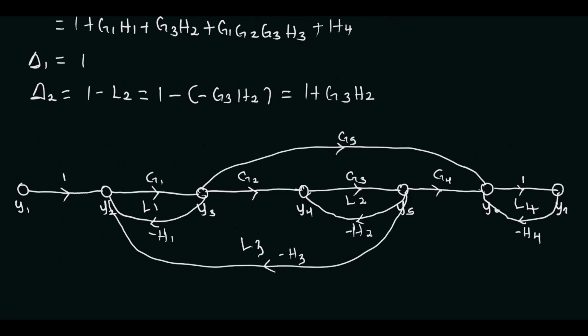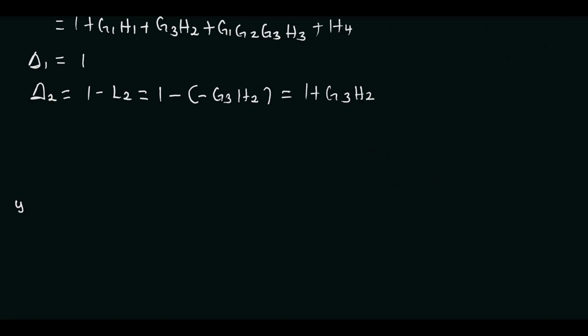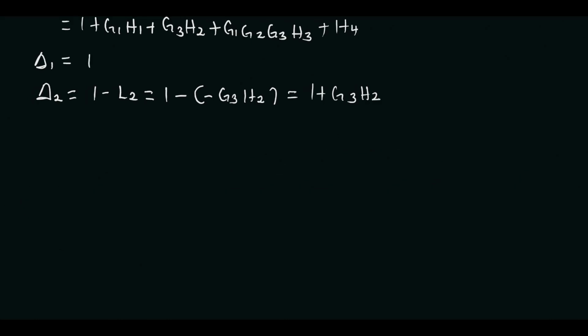Now that we have gotten our graph determinants, we can apply our Mason's gain formula.